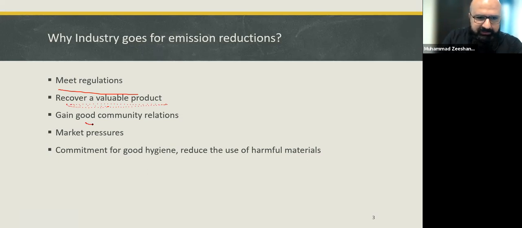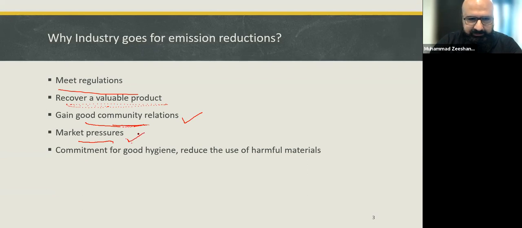If an industry has to operate on a location, it has to have good relations with the people living in the vicinity, and those good relations are possible if the industry takes care of its emissions, right?